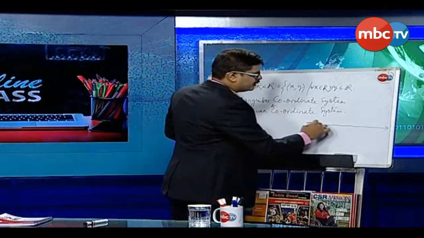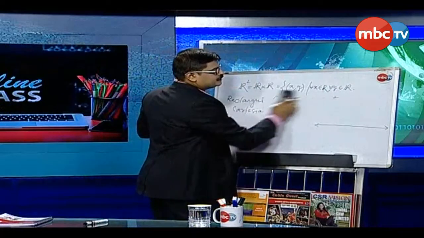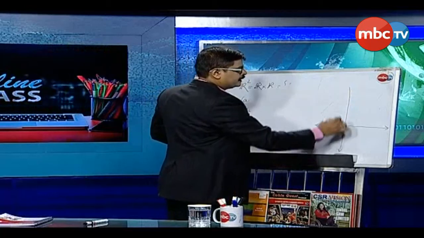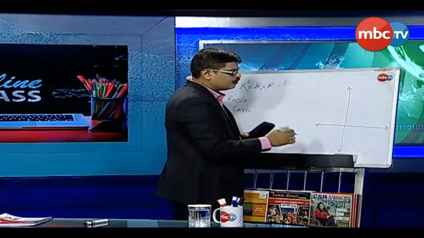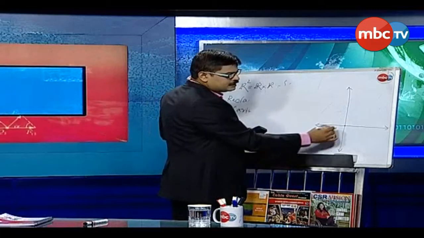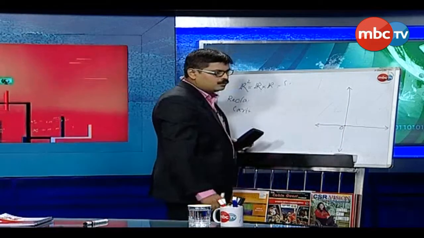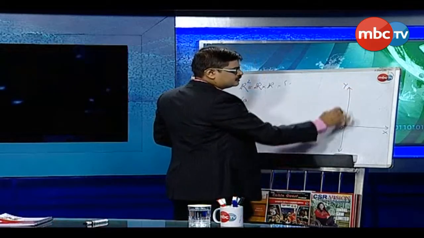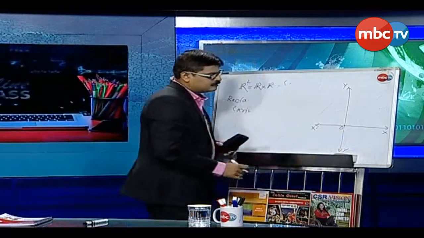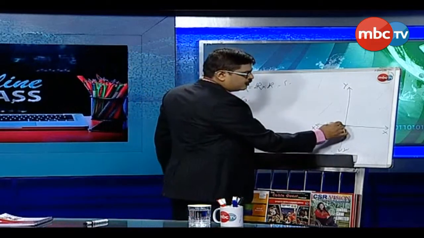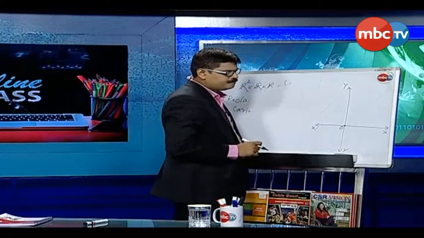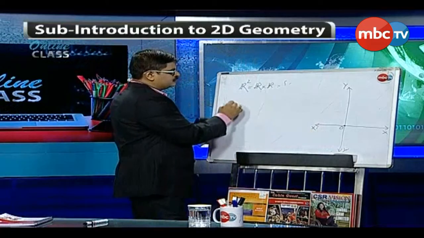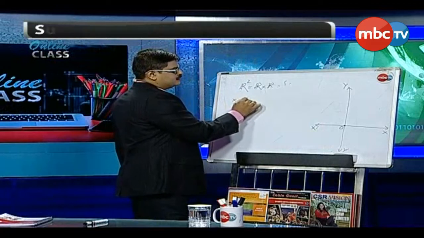We take two mutually perpendicular lines. These are again real number lines perpendicular to each other. Say this point of intersection is O. This line is x o x dash. This is y o y dash. This point of intersection is called our origin.